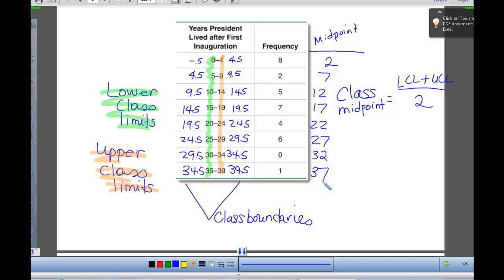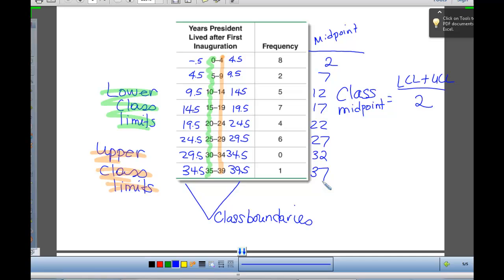The way that we find the class width is that it is the difference between consecutive lower class limits. So lower class minus lower class gives me my class width.